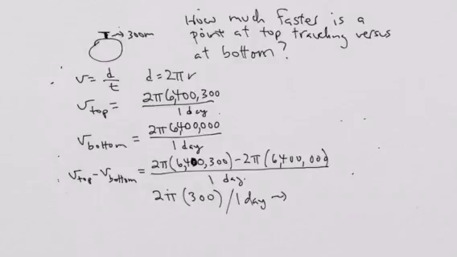I think you can see where we're headed from here. That difference is 2 pi times 300 over 1 day, times, to turn that into seconds, 24 hours, 60 minutes, 60 seconds.